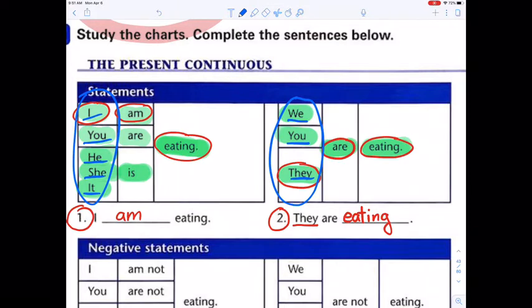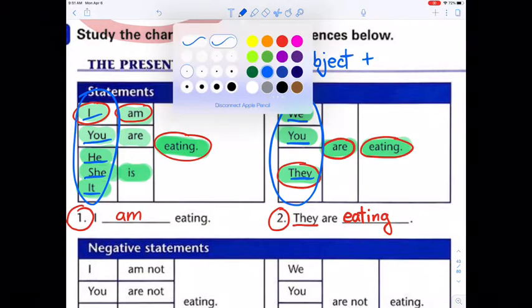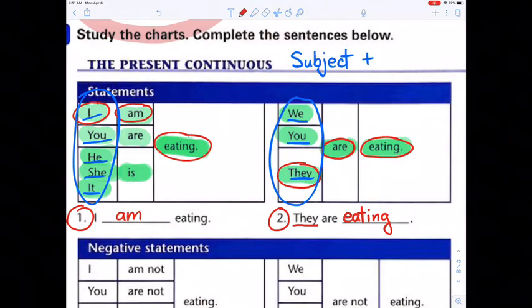This is how we use the verb in the present continuous. So we start with the subject. And then we need to add the verb. But what kind of verb form do we use? We need two words. We need a be verb and we need a verb with ing.